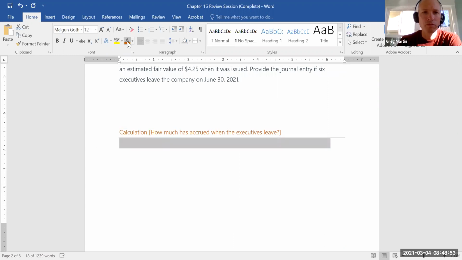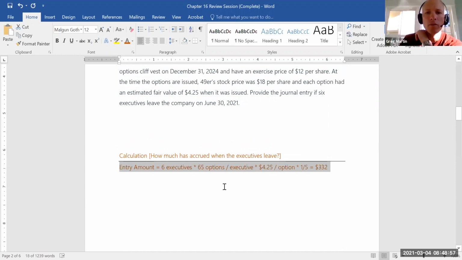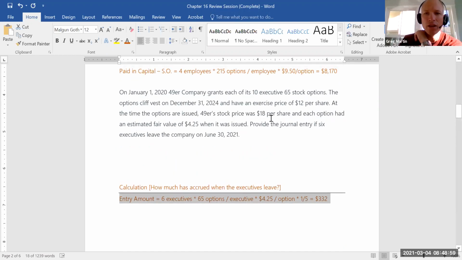And so the entry amount hopefully is fairly straightforward. We have 6 executives that leave. Each of the 6 executives were granted 65 stock options, and the fair value of those stock options was $4.25. Over the 5-year period, in total, we would have accrued 6 times 65 times $4.25.